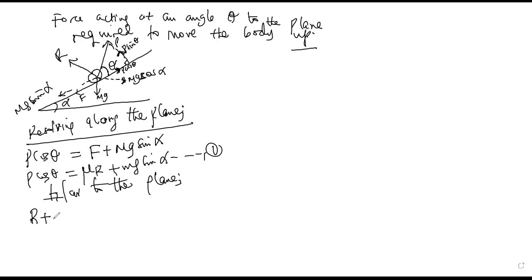R plus P sin theta, that is theta, then equaling to mg cos alpha.